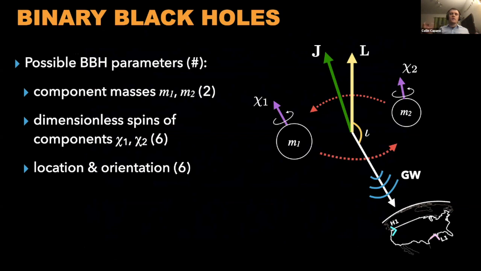And each of the objects can be spinning, so that adds another 6 degrees of freedom that you can detect. And then finally, there's the location and orientation of the binary with respect to the Earth. And all these parameters affect the gravitational wave that's emitted, how the frequency evolves and the amplitude evolves with time.